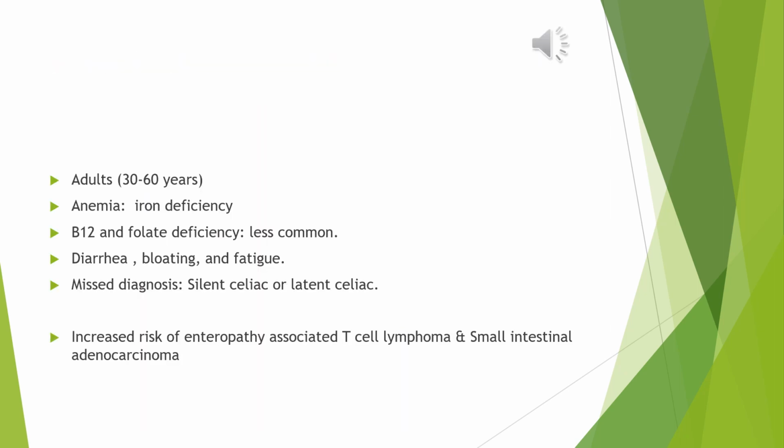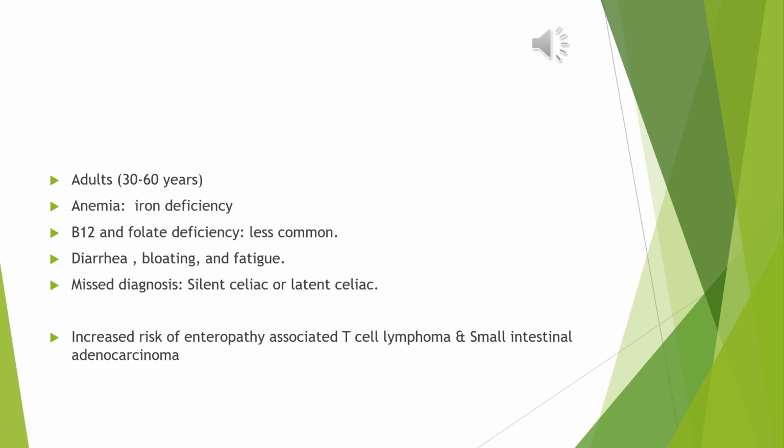In adults, the disease typically presents between the ages of 30 and 60 years. The typical presentation is with malabsorption. Anemia is typically iron deficiency anemia because the duodenum and the proximal jejunum are the main sites for iron absorption.